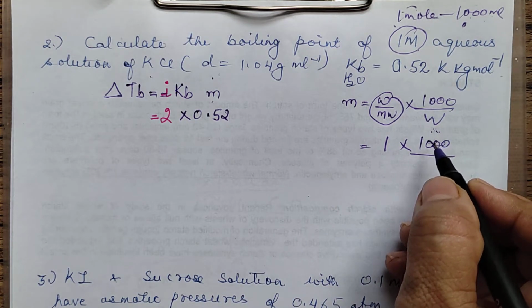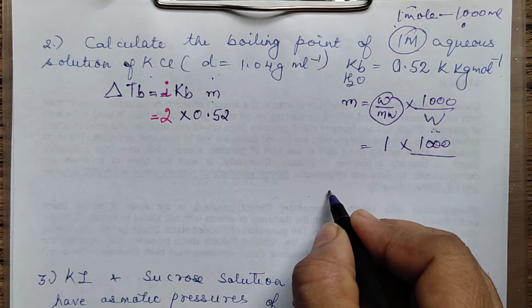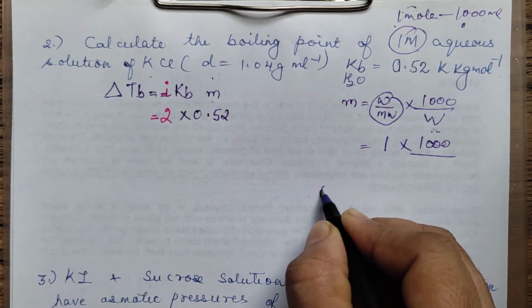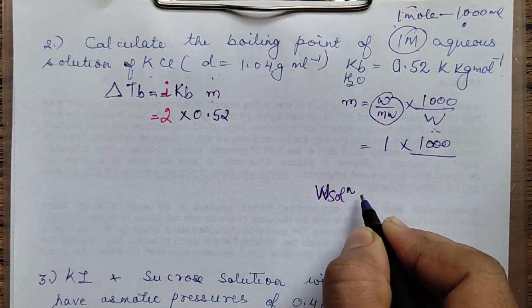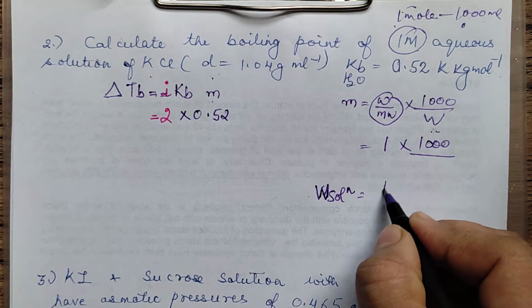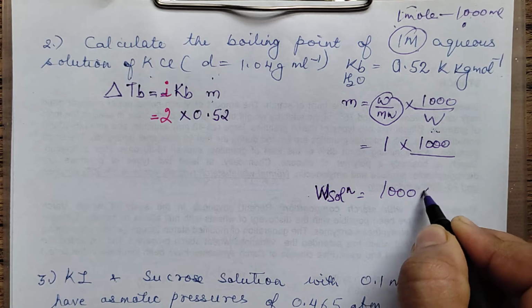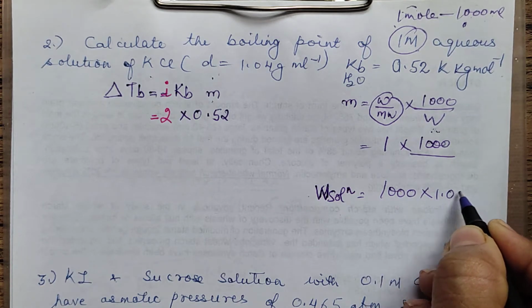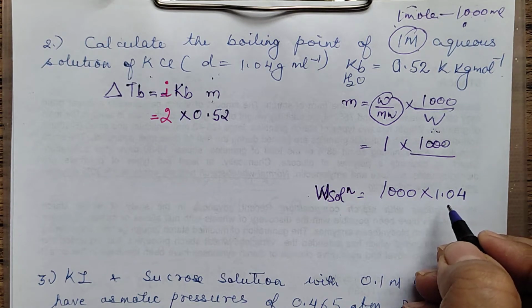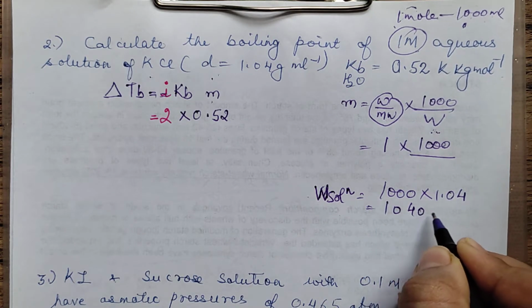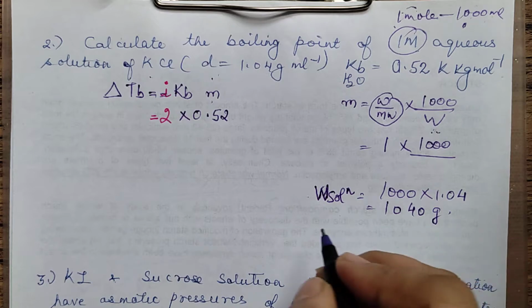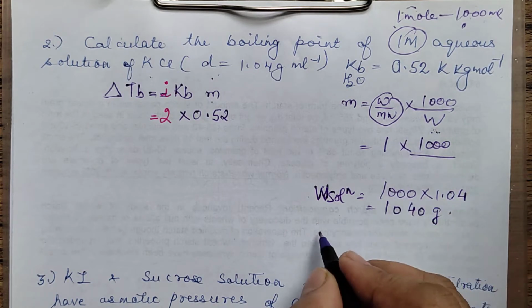So first thing is, we will calculate the mass of the solution. Mass of the solution is equal to volume into density. This volume is 1000 multiplied by the density. So when you multiply this, you will get 1040 grams.